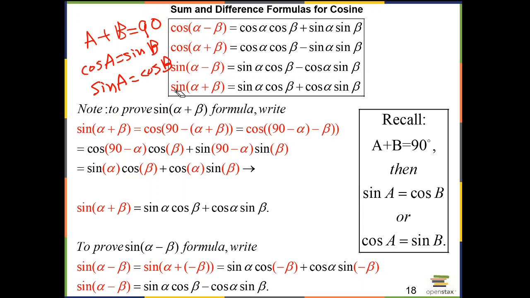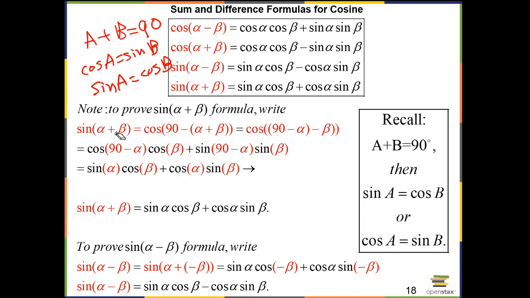So if I want sine of, let's say, alpha plus beta, I can write it as a cosine and use the cosine formulas. So I can write it as cosine of what plus alpha plus beta gives me 90. Well, I take 90 and subtract alpha plus beta from it. So this angle here, if added to this angle, you get 90. That means sine of one equals cosine of the other, right?